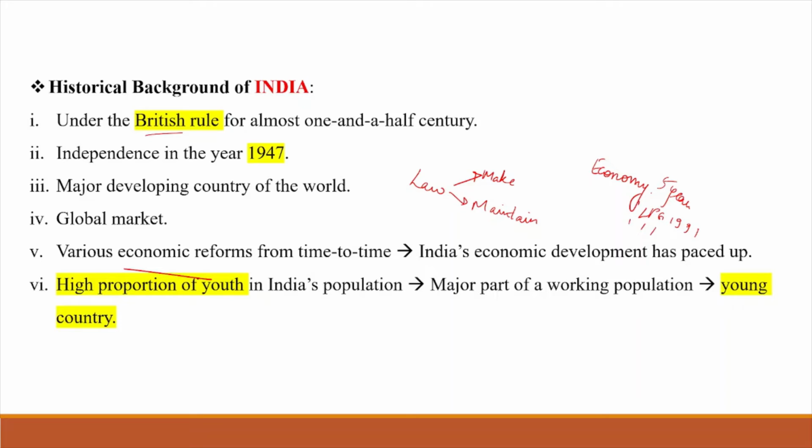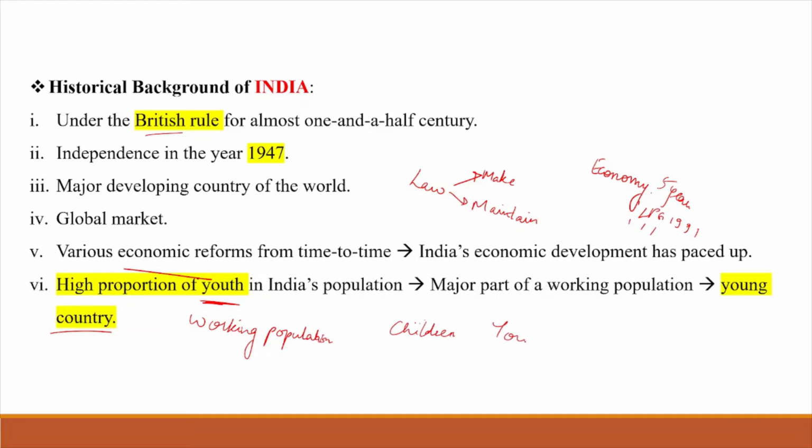All right. Now, India is known as a young country. Why young country? Because most of the population in India is of the youth. That is the working population. That's why we have children, or the kids.